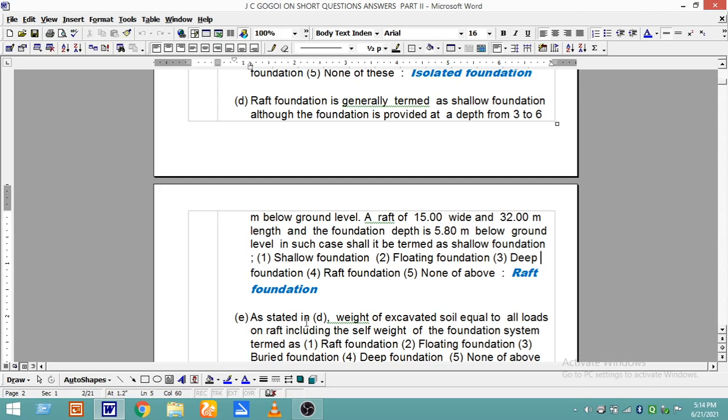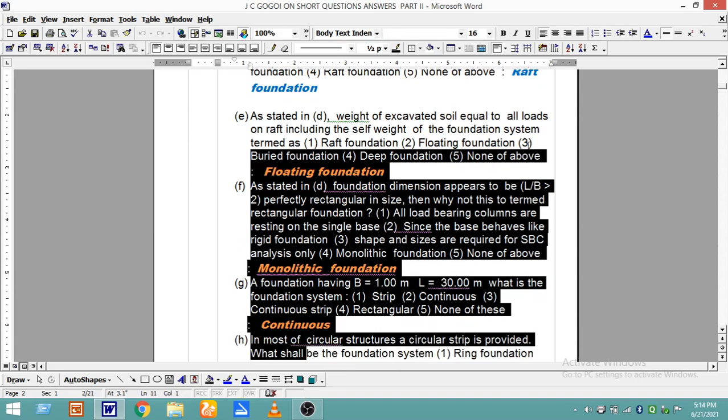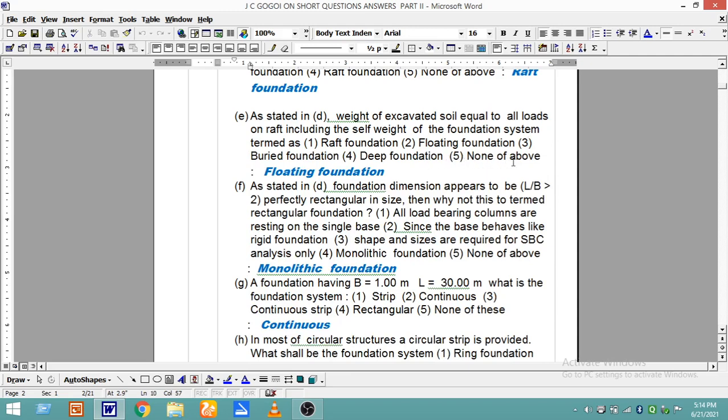As stated in the above question, if the weight of excavated soil is equal to all loads on the raft, including the self weight of the foundation system, it is termed as raft foundation, floating foundation, buried foundation, deep foundation, none of this.